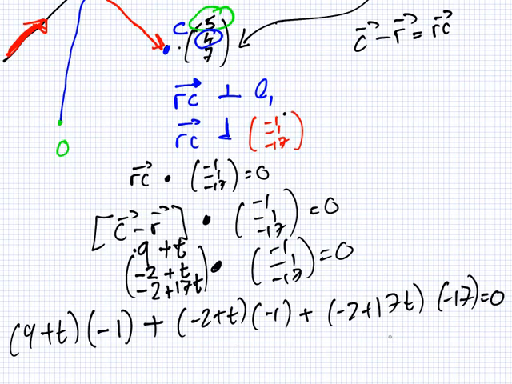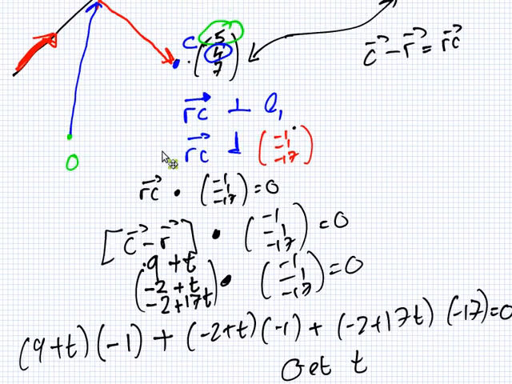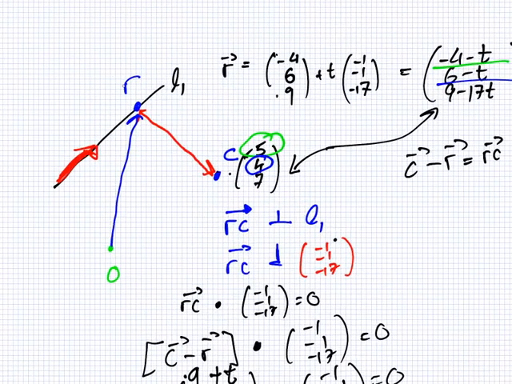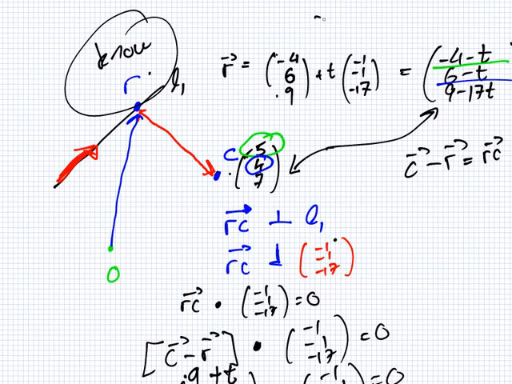Yes, easy. And if you have t, then you know the OR, because you just put the t in here. So if I know the OR and I know the C, can I know OR C? Definitely. And if I know OR C, can I know the magnitude of OR C? Definitely. So then you found the shortest distance.